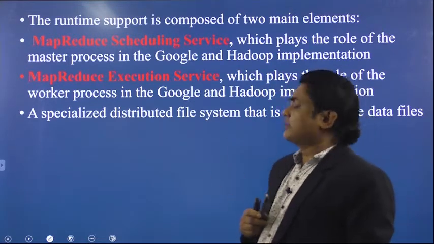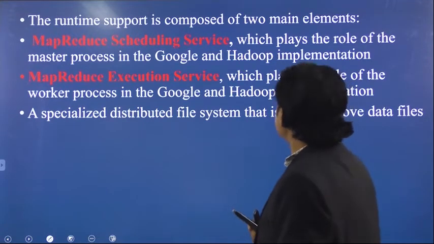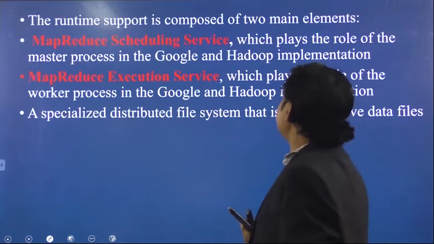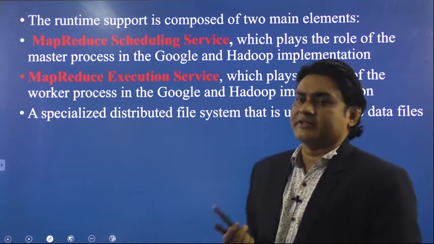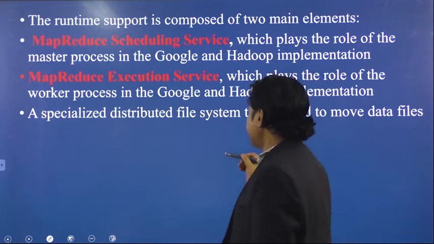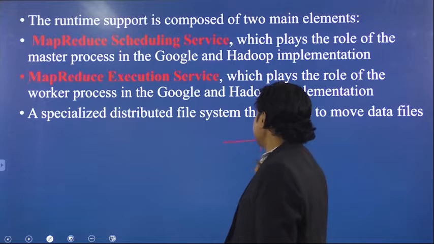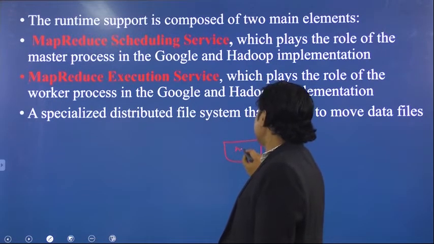The first one, as we already discussed, is the MapReduce scheduling service, which plays the role of the master process in the Google and Hadoop implementations. So who will take care of the scheduling services? Of course, the master process. We already said in the last classes that the reference architecture is based on a master and slave relationship. We have a master, and then we have the slaves.